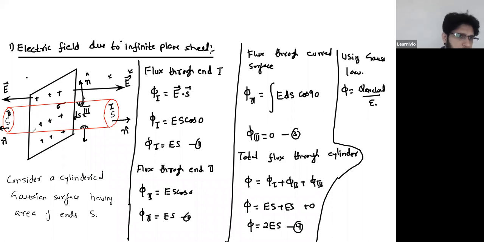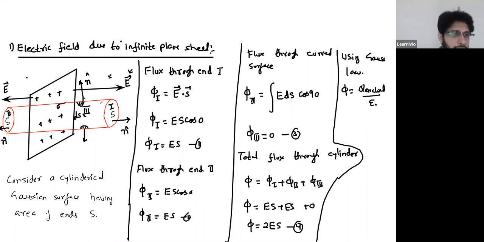So this is an infinite sheet, a very, very large sheet. Can you guess what portion of the sheet is cut by this cylinder? It's a very large sheet and I'm just passing a cylinder through this sheet.